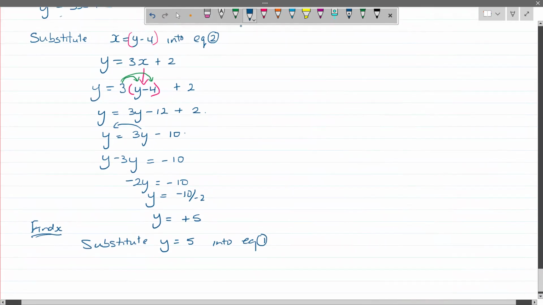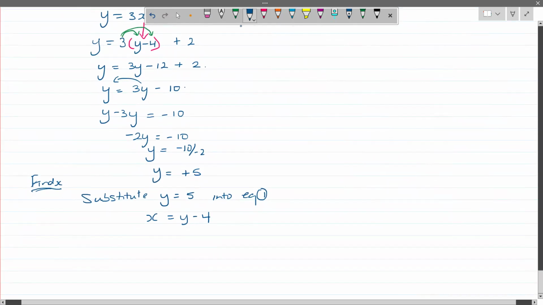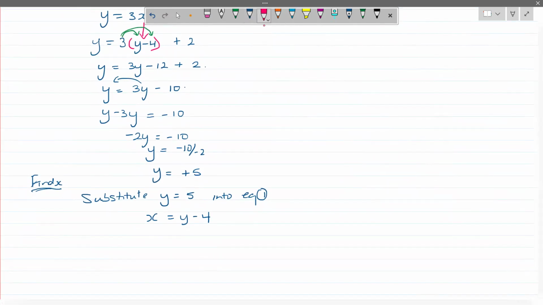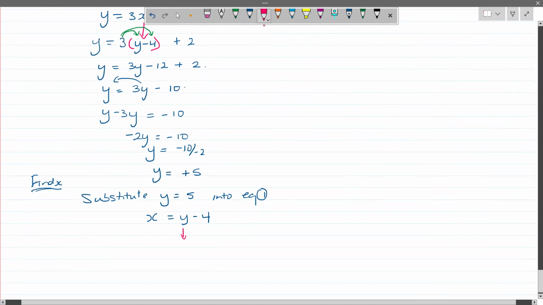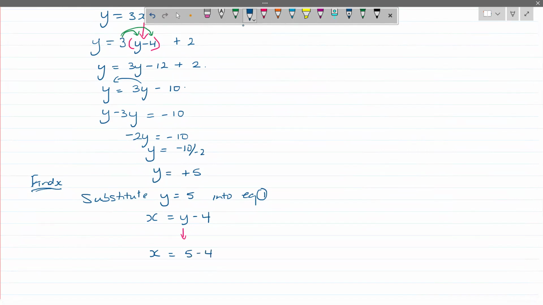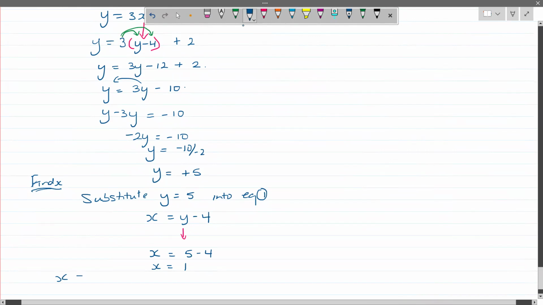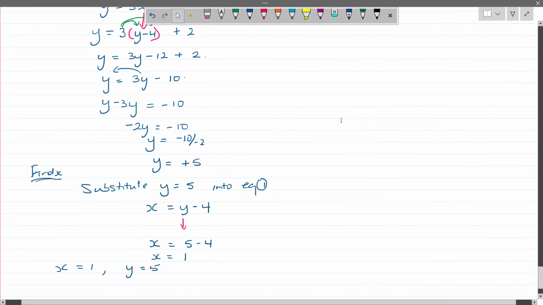Equation 1, we had x is equal to y minus 4. So x is equal to 5 minus 4. X is equal to 1. So x is equal to 1, y is equal to 5. Everybody right to that?